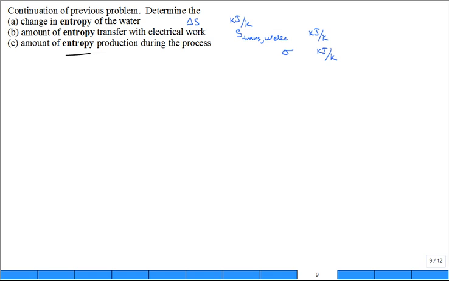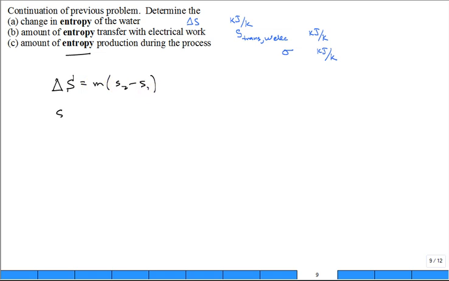Now, what is the method to solve for part A? Same method as part A for the previous problem when we had to deal with changes in energy. We exploited that energy is simply a property. If I can get other properties fixed, I can evaluate at that. True? So the change in cap S is equal to m times S2 minus S1.